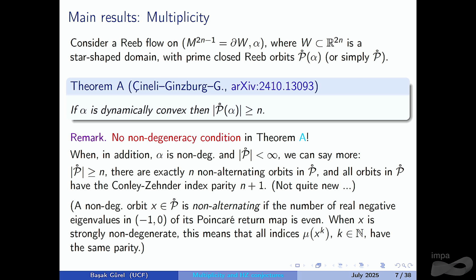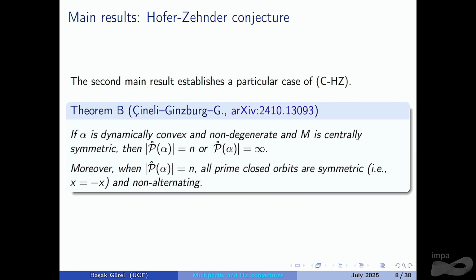Alternating, non-alternating is just about these indices; in the non-degenerate case, this just means that the index parity stays the same throughout the iterations. Okay? No questions?